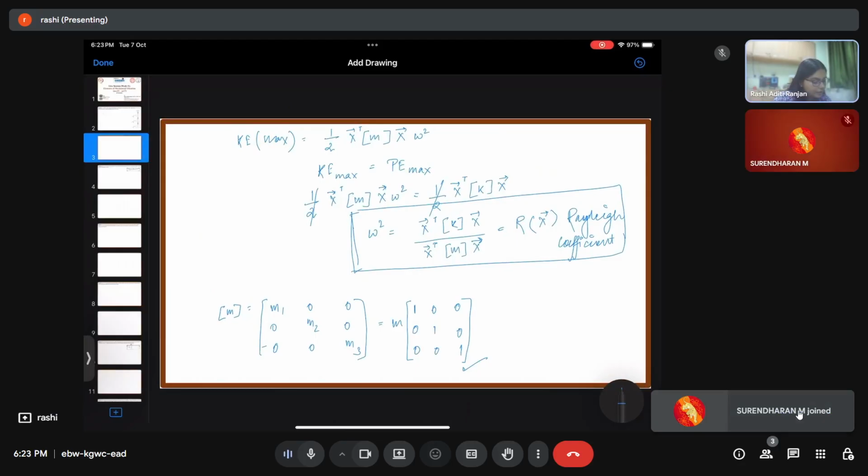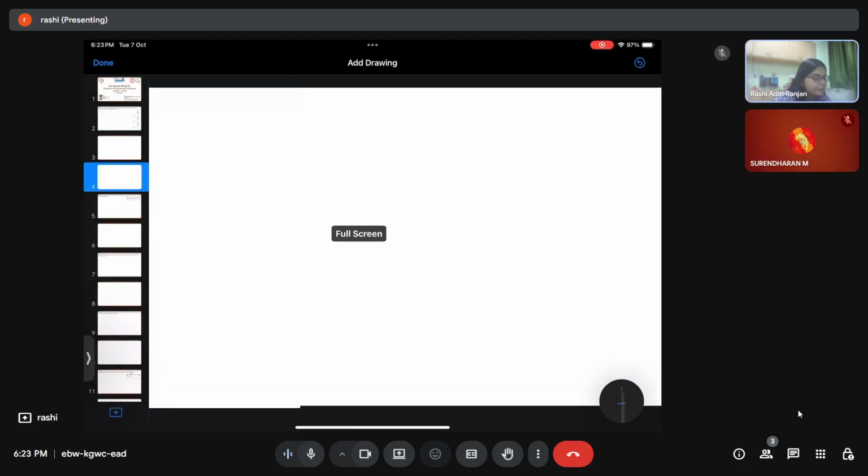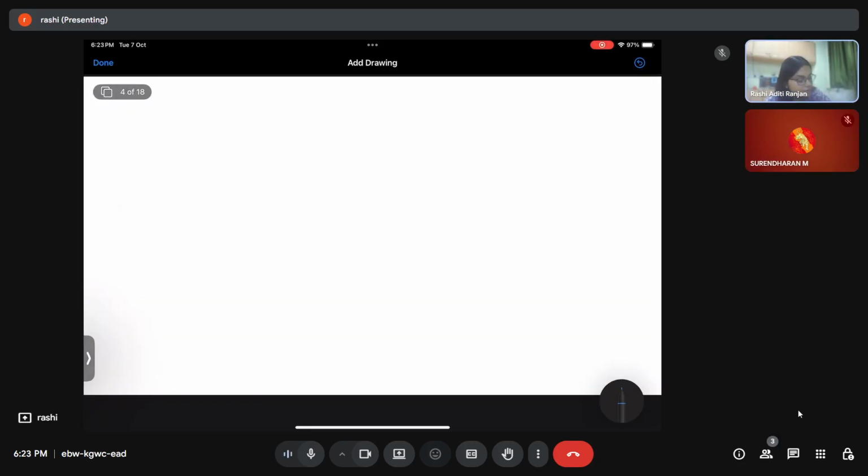Similarly, if we evaluate the stiffness matrix, the stiffness matrix for a 3 degree of freedom system is K1 plus K2, minus K2, 0; minus K2, K2 plus K3, minus K3; 0, minus K3, K3.